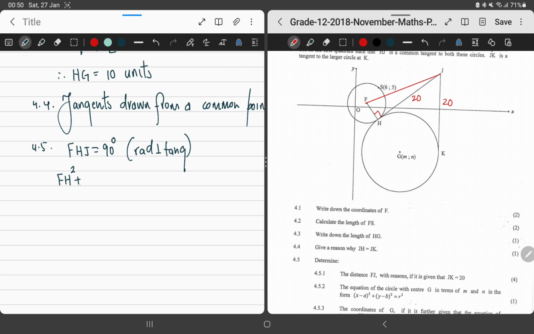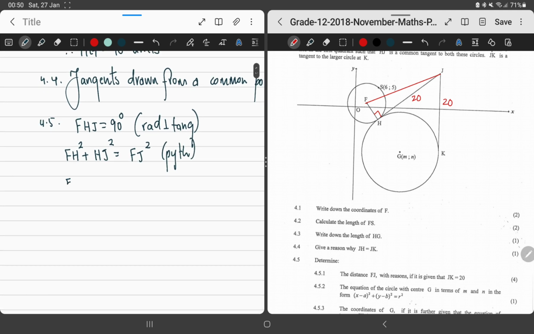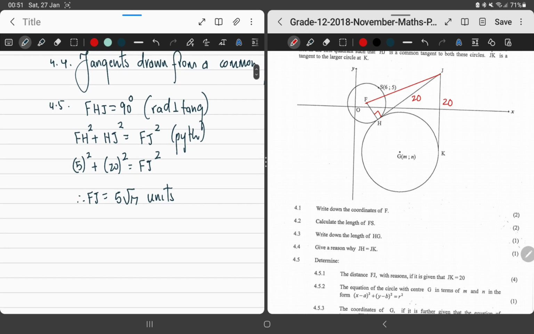FH squared plus HJ squared should be equal to FJ squared, because of the Pythagorean theorem. FH is 5 squared, and then HJ is 20 squared, equal to FJ squared. This means that FJ is equal to the square root of 5 squared plus 20 squared. This is 5 root 17 units.